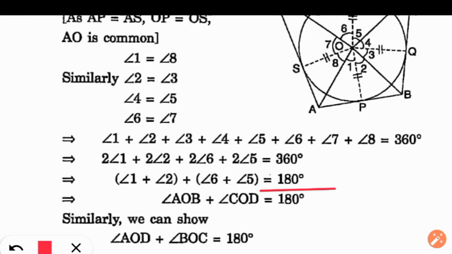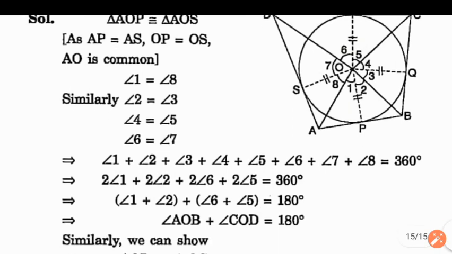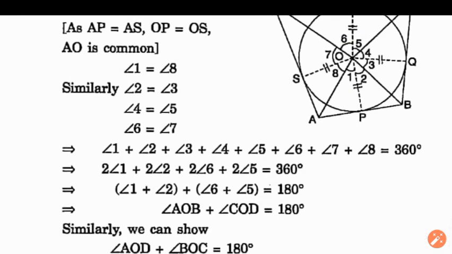Now angle 1 plus angle 2, see angle 1 plus angle 2. Similarly, angle 6 plus angle 5, which I already told you is what we are required to prove, this angle plus this angle. So angle 1 plus angle 2 means angle AOB. Similarly, angle 6 plus angle 5 is angle COD.